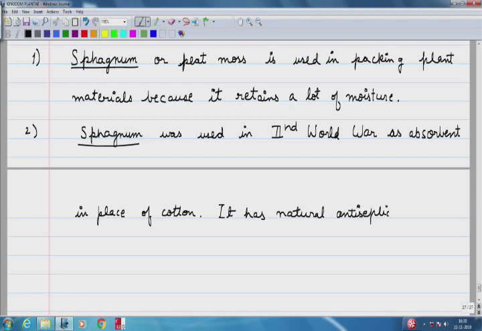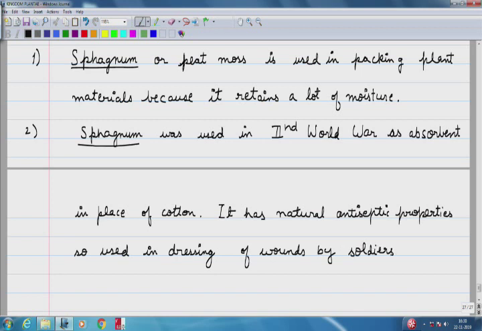Because it has natural antiseptic properties, it was used in the dressing of wounds by soldiers. It can be grown anywhere. You throw it in a pond and it starts growing. So this is how they used to treat wounds in the Second World War.